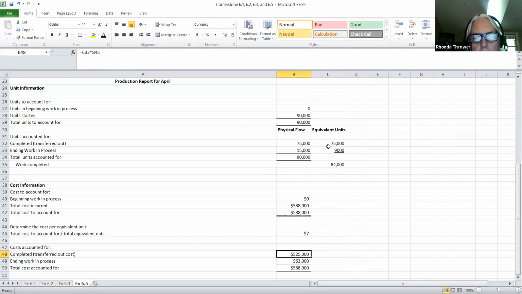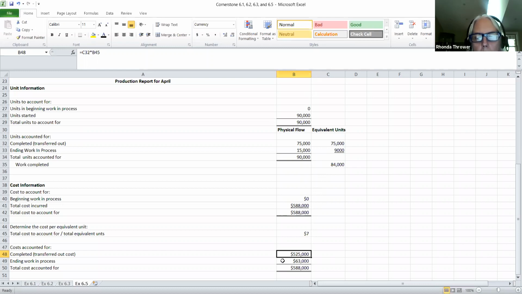So my 75,000 units were the equivalent units for what was completed and transferred out. Finished units, in other words, that we're sending on to the next process is 75,000 units. I've got to assign a cost to those 75,000 units. 75,000 times 7 is the cost of the completed and transferred out units.